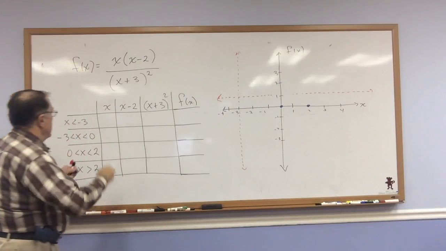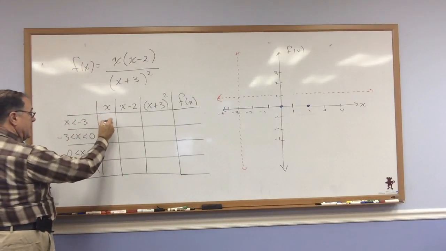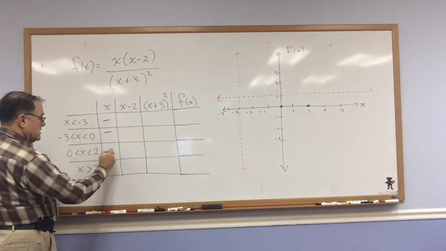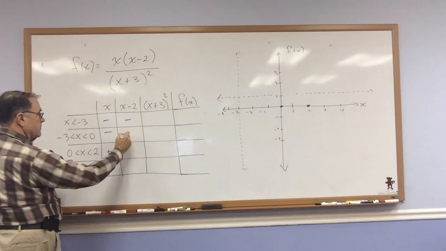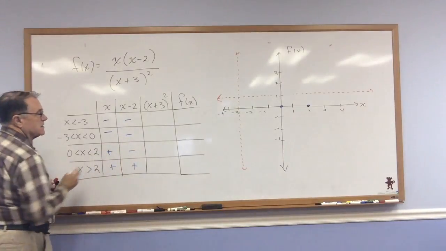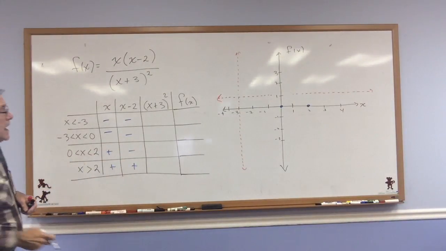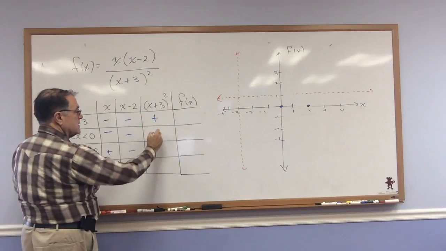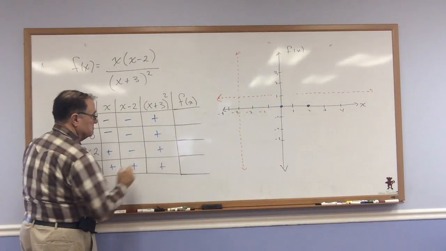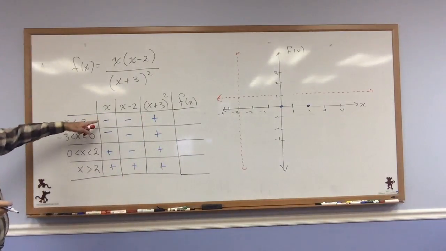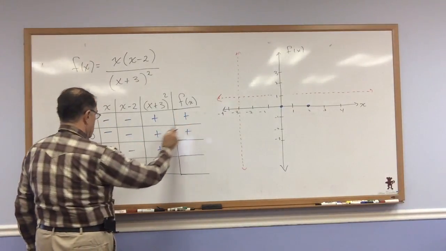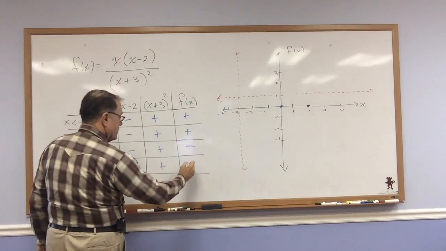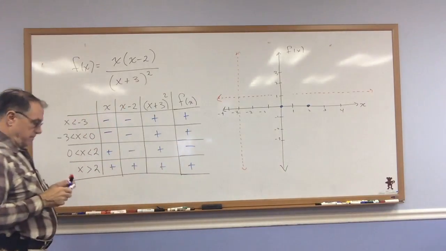All right, x: negative, negative, positive, positive. X minus 2, I'm subtracting 2: negative, negative, negative, positive. X plus 3 is squared, always positive. All righty, 2 negatives and a positive, the function is positive. 1 negative, it's negative, and 3 positives, it's positive.